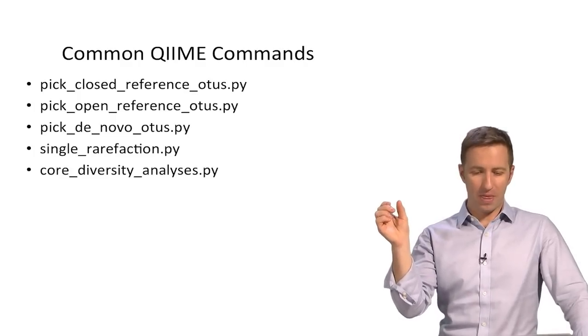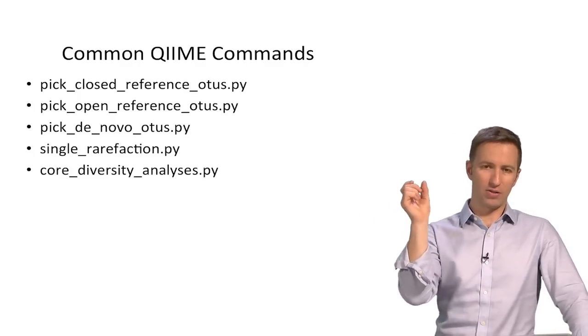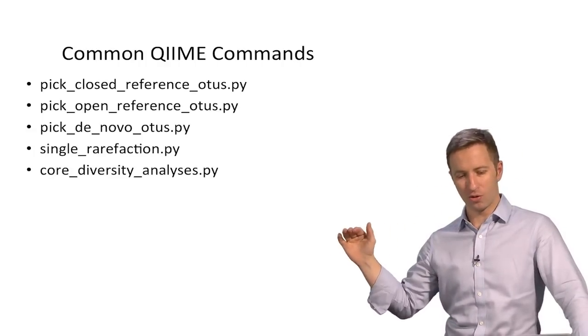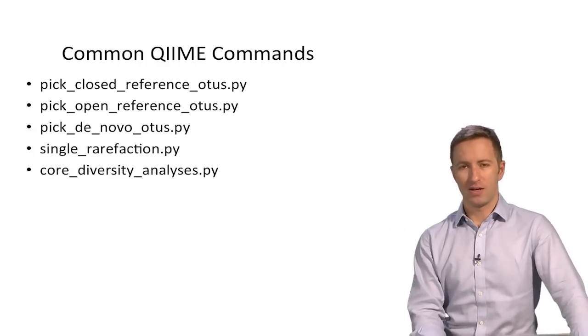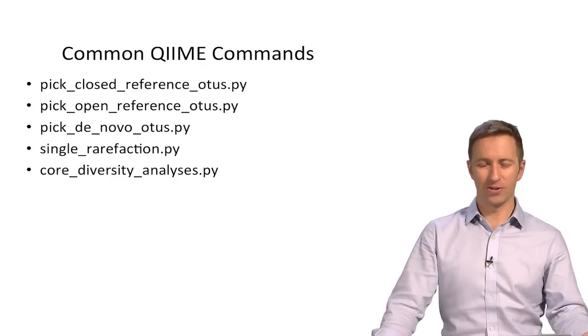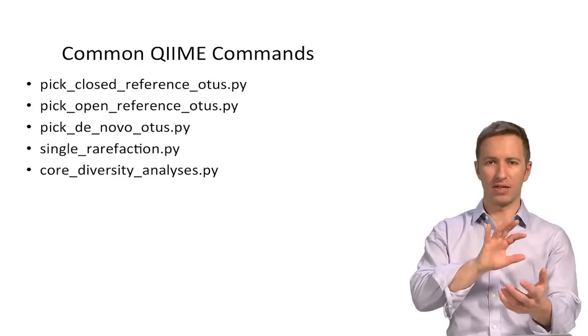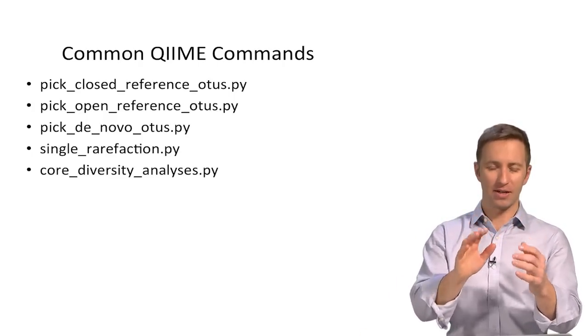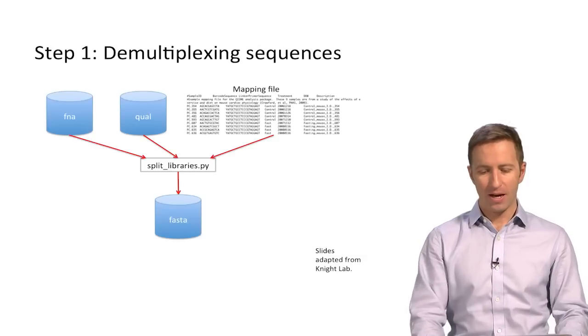Then you can go straight to the last command, which is core diversity analyses, and this will run all of the standard Qiime analyses, produce the nice 3D plots that you can rotate and things like that.